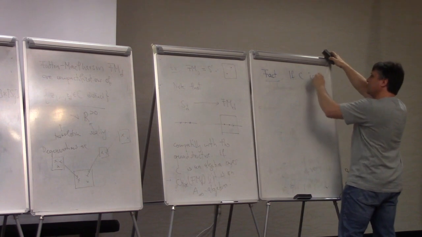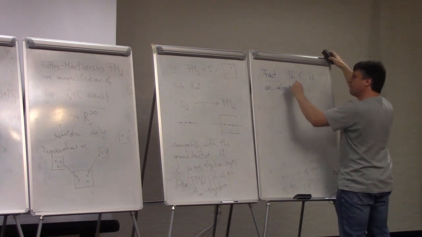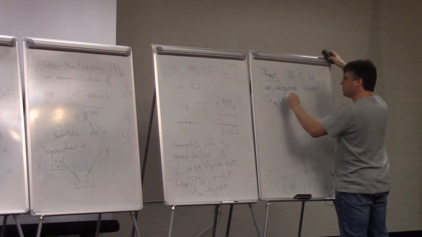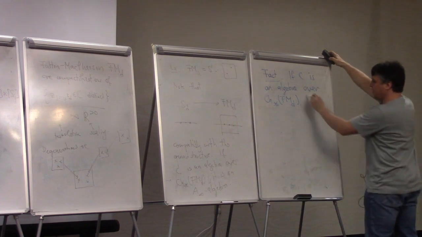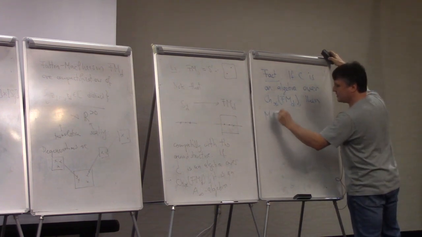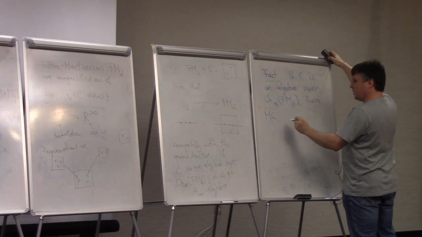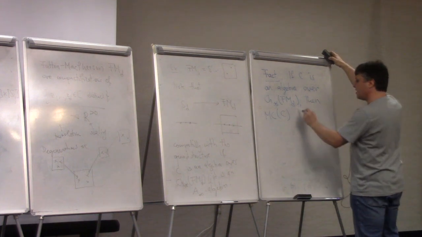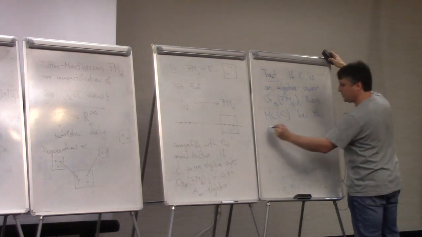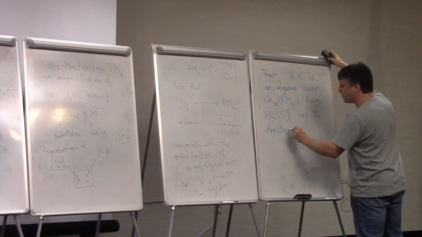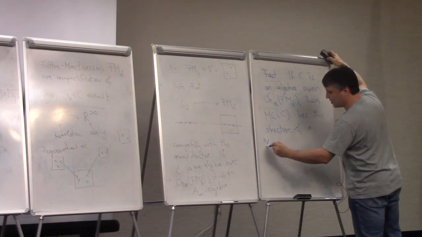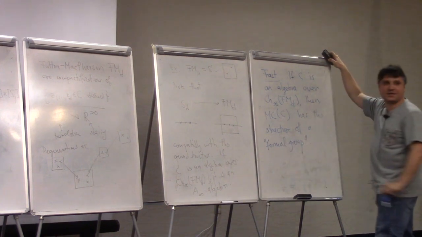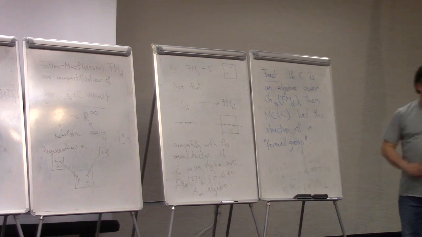So if C is an algebra over the chains on the Fulton-MacPherson operad, then MC, the Maurer-Cartan elements as a functor, has the structure of a formal group, in the same sense as before, but now defined geometrically.